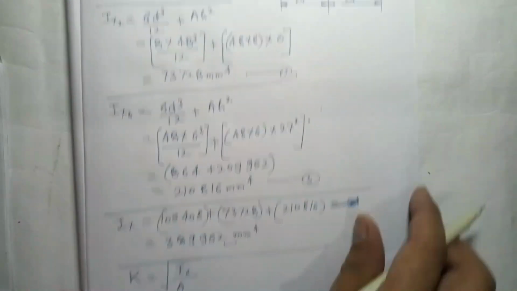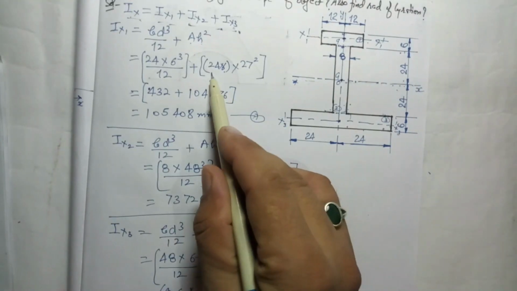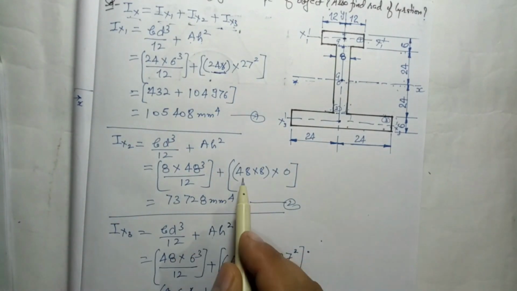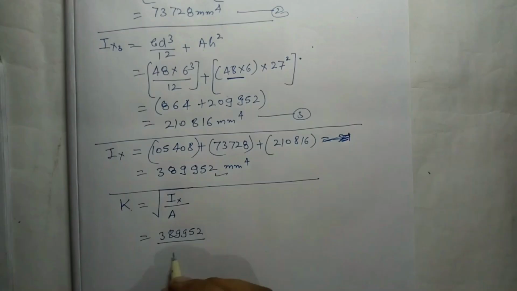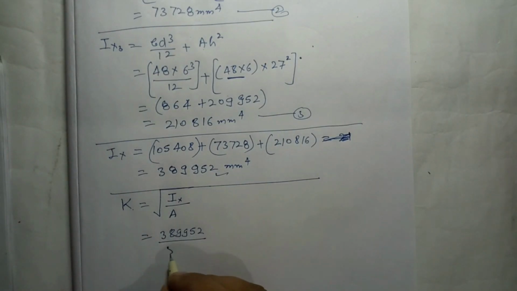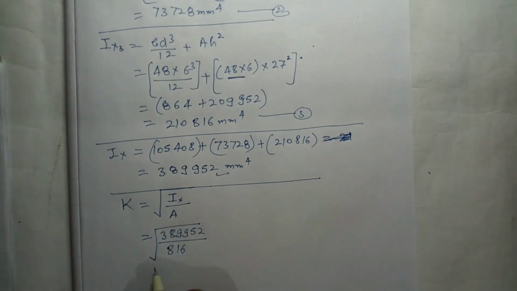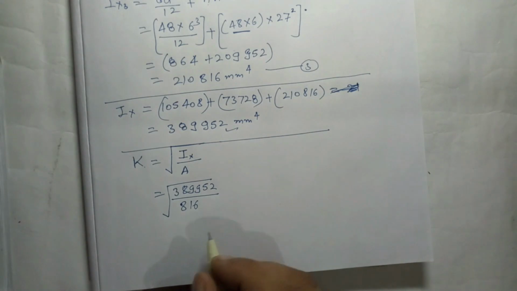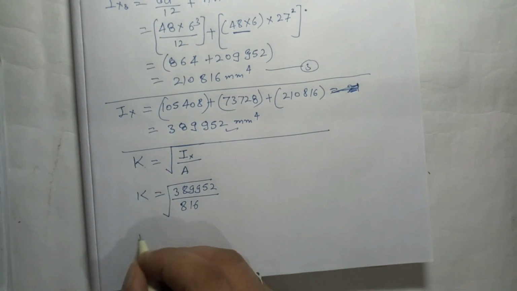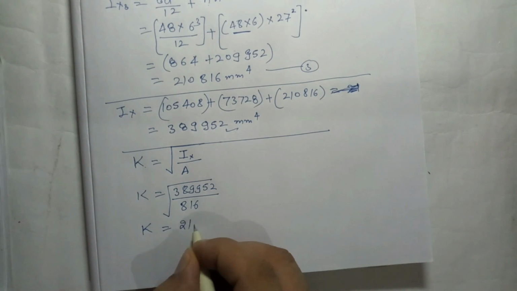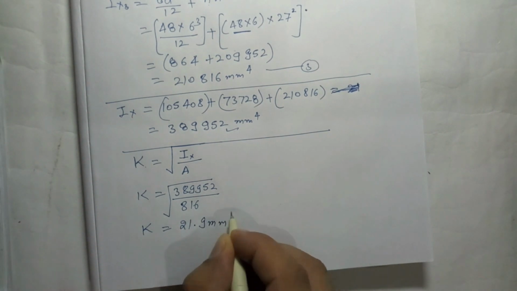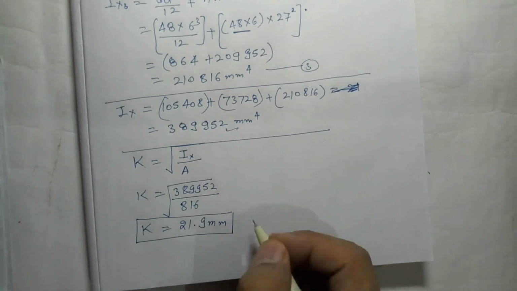We add area 1, area 2 and area 3, and we get 816 under the root. After solving, the value of k, the radius of gyration, is equal to 21.9 mm. Directly we fill in the values and we get the value.